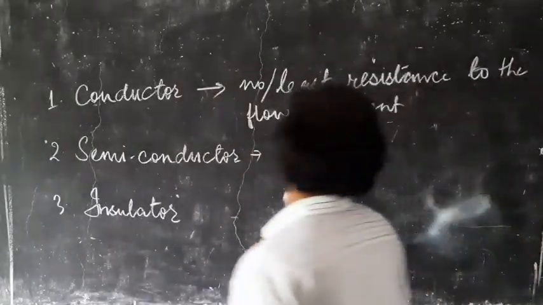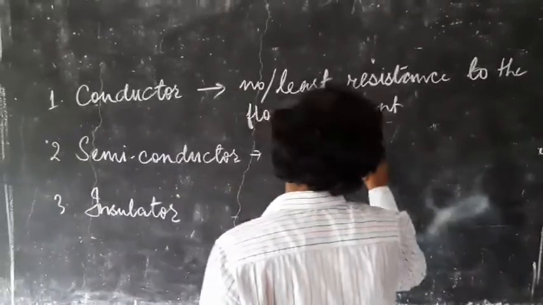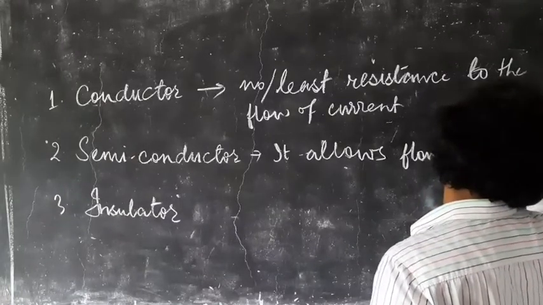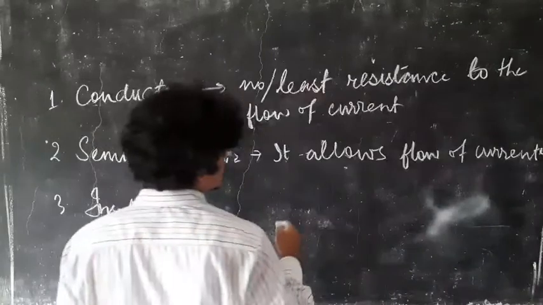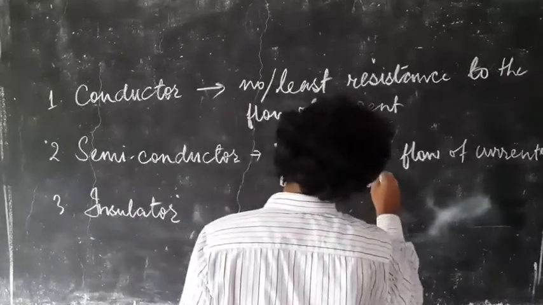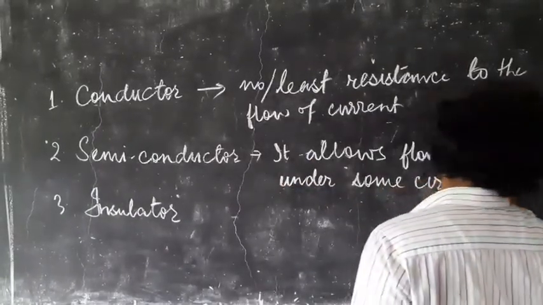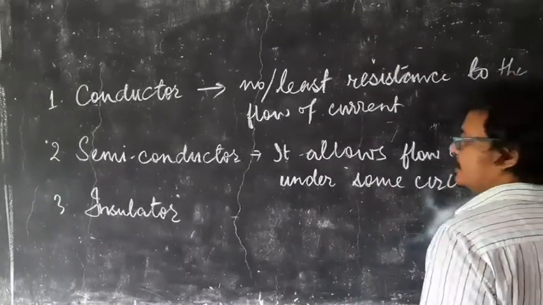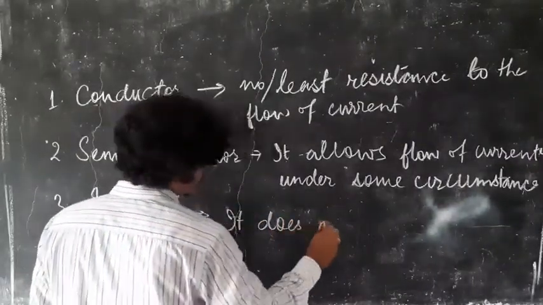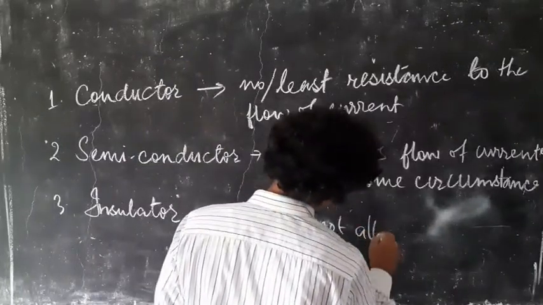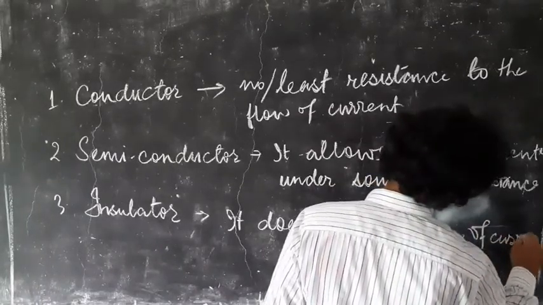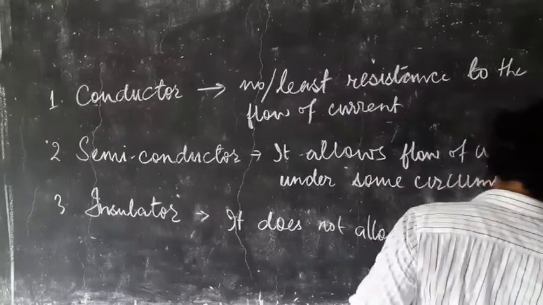Semiconductor allows flow of current under certain circumstances, and insulator does not allow flow of current.